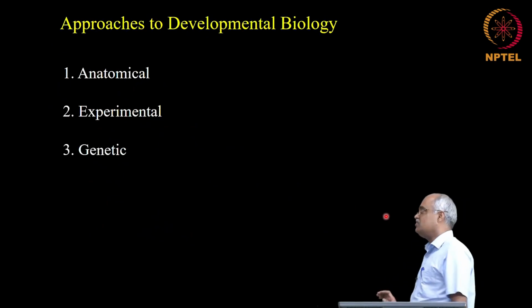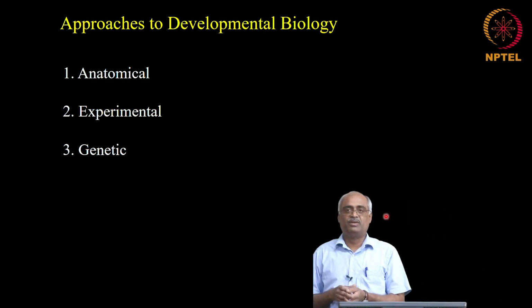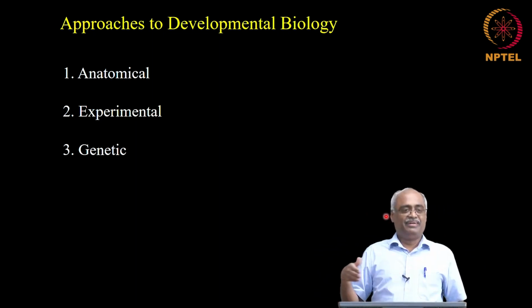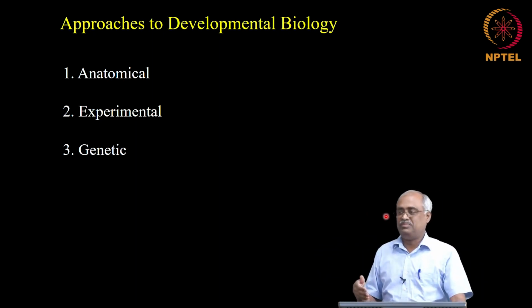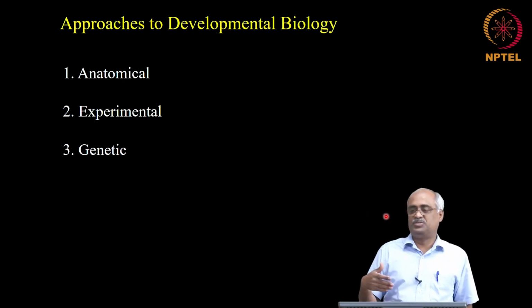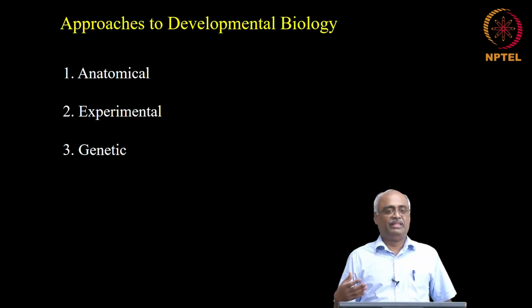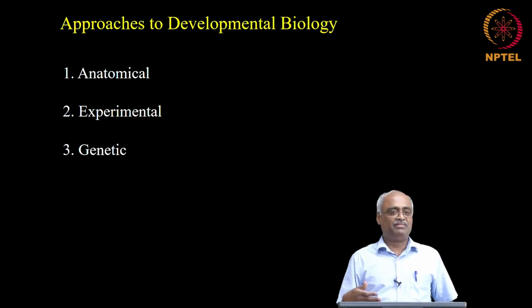So, how do we study development of an organism? People over the period of time have used different approaches. Initially, when the tools were very primitive or non-existing, they simply did observation of embryos. So, essentially anatomical approaches, we call them anatomical.